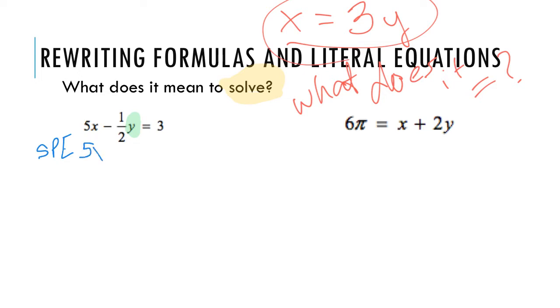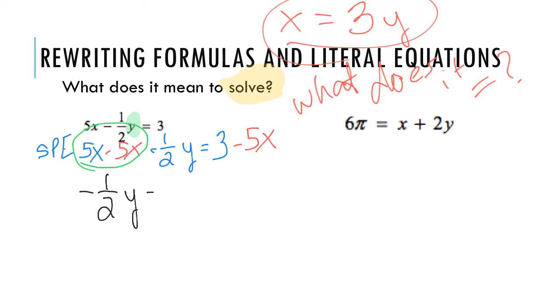So I'm going to do 5x minus 5x minus 1/2 y equals 3 minus 5x. So when I combine my like terms over here, these are going to go away. And I'll be left with my next line of negative 1/2 y equals, the other side does not have anything that can combine, so it's just going to stay exactly as it is. It's going to be 3 minus 5x.